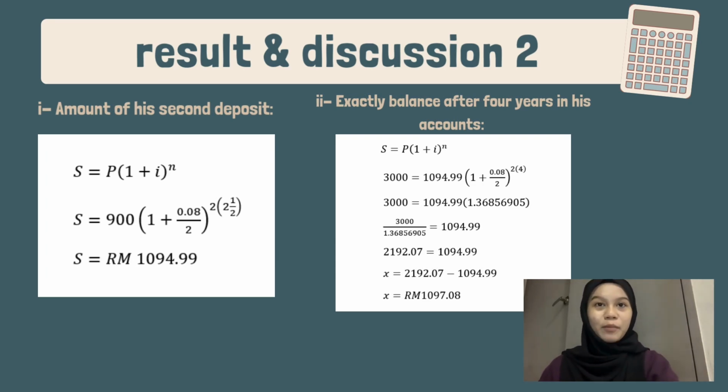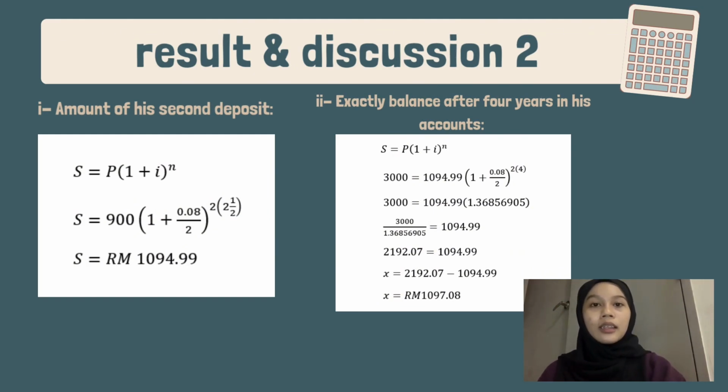For the next step, we need to find the exact balance after 4 years in his account. We use the same formula, S = P(1 + i)^n. 3,000 = 1,094.99(1 + 0.08/2)^(2×4). 3,000 = 1,094.99 × 1.36856905, and 3,000 divided by 1.36856905 equals 2,192.07. So 2,192.07 equals 1,094.99 + x.